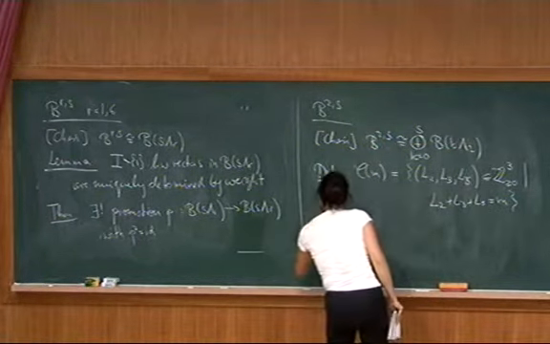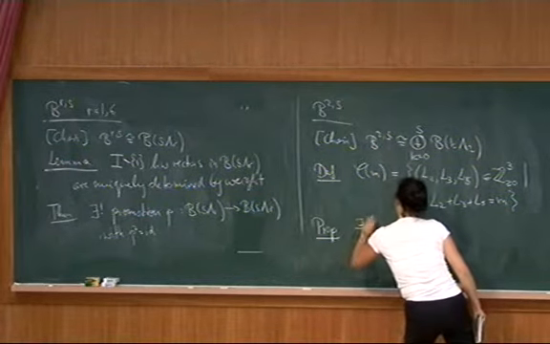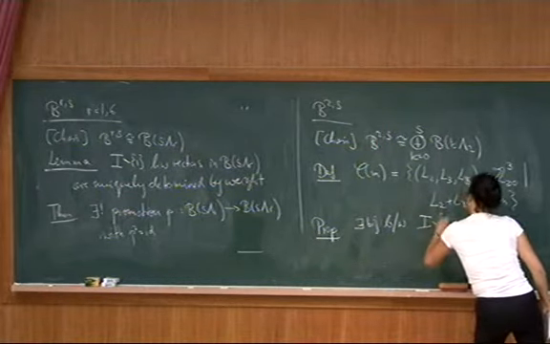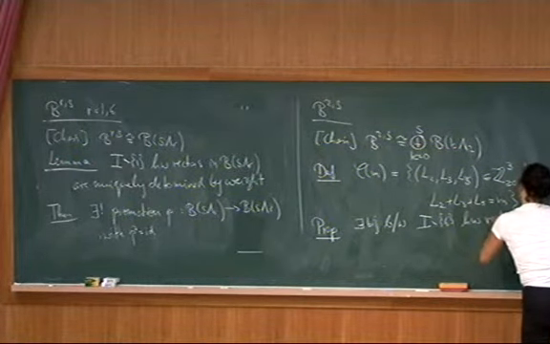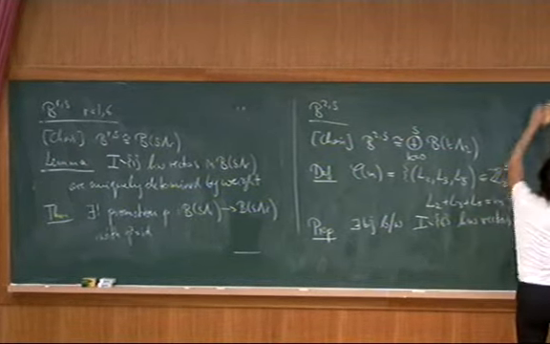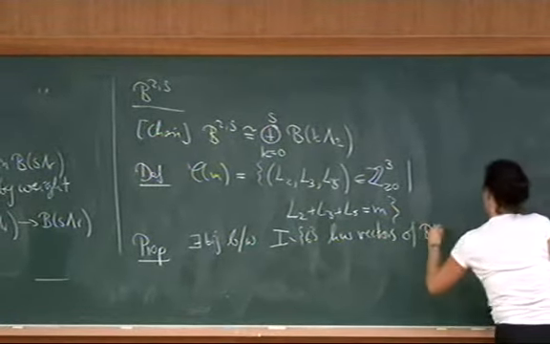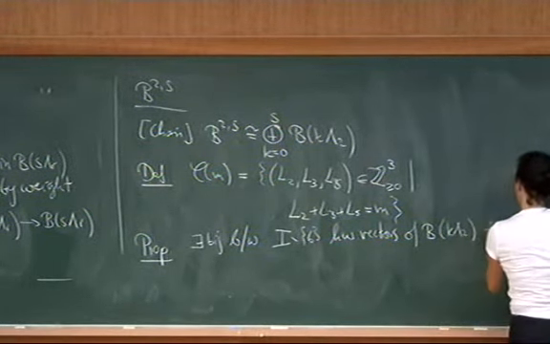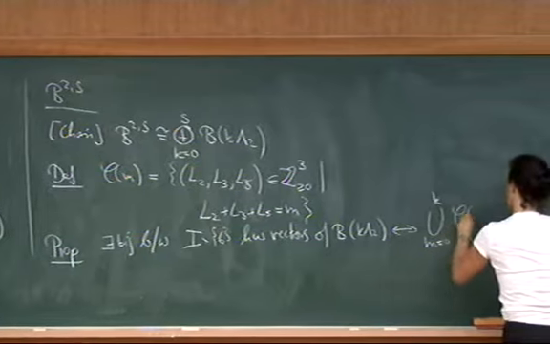And then we have a proposition which says that there exists a bijection between the I minus 6 highest weight nodes of B^{K,lambda 2} and the union over M from 0 to K with a set C_M.